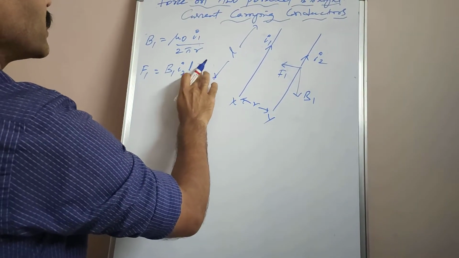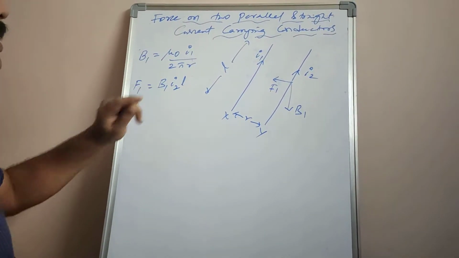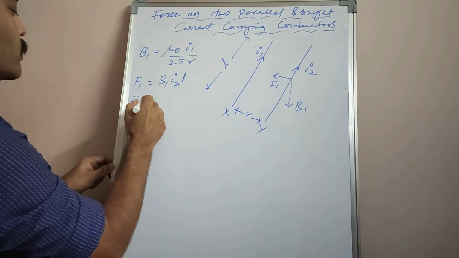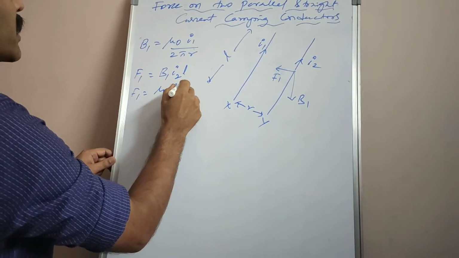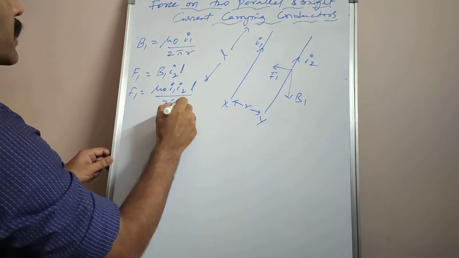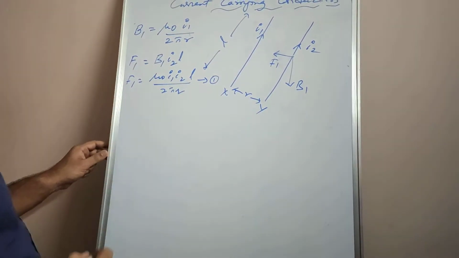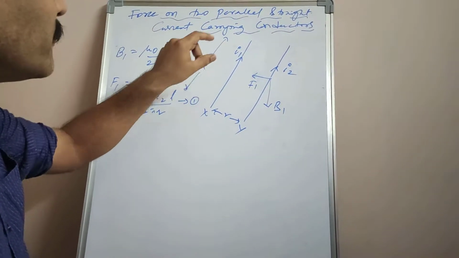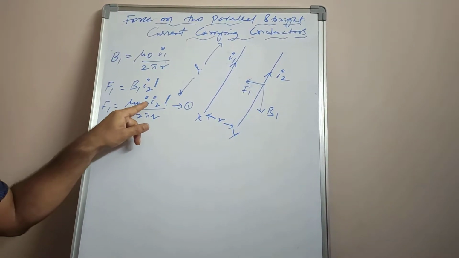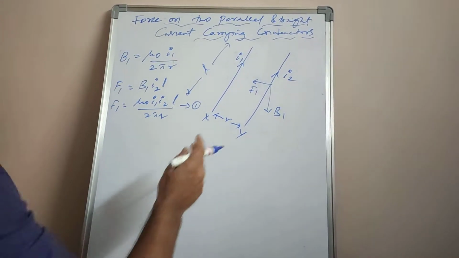So F1 equal to B1 I2 L. Substituting this value, F1 is equal to mu naught I1 I2 L by 2 pi r. So this is equation 1. The force experienced by the second conductor due to current in the first conductor is F1 equal to mu naught I1 I2 L by 2 pi r.